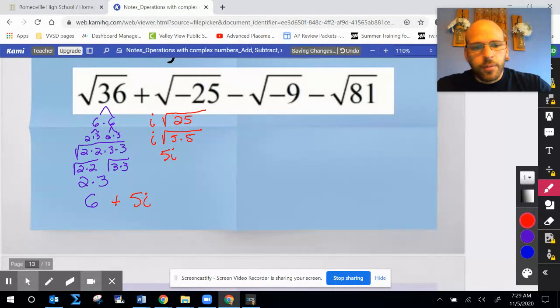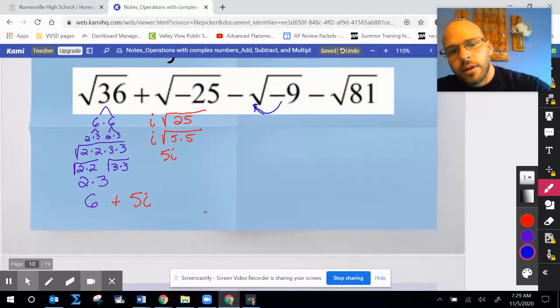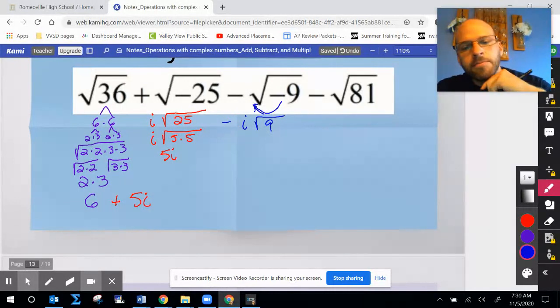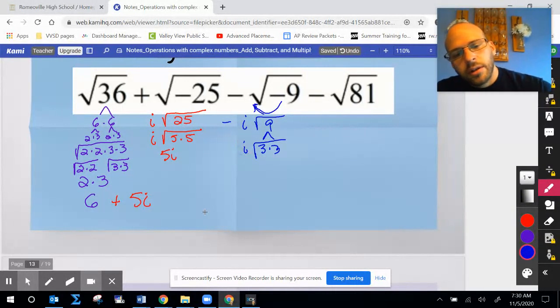And then for my next one, if I take this out, I have a minus i square root of 9 now. Break down 9 into 3 times 3. So I have a 3i. So we'll say minus 3i.